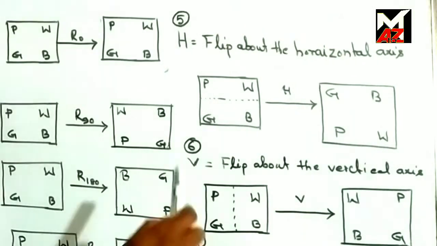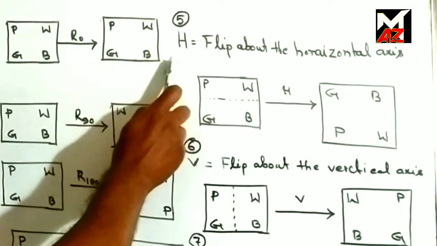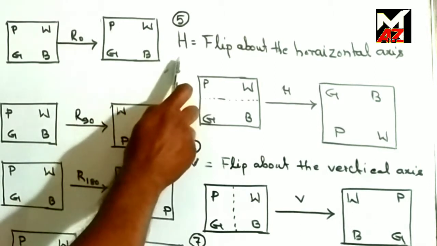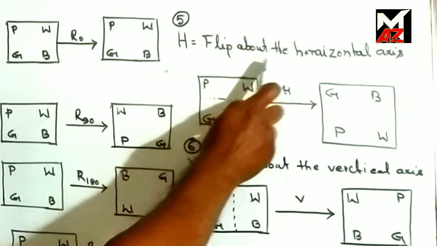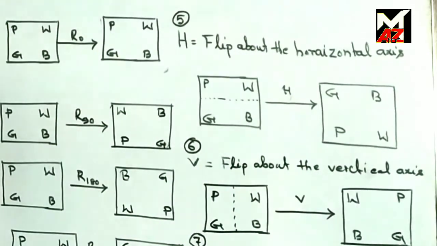Another 4 are flips. Fifth, H, the flip about the horizontal axis.